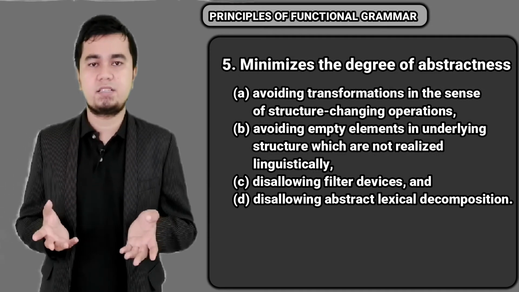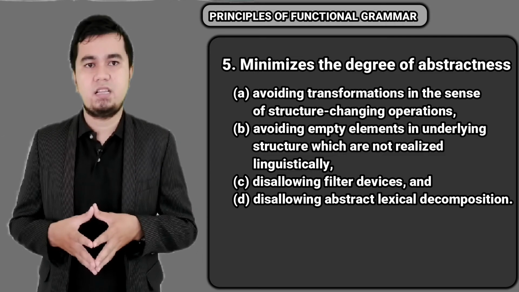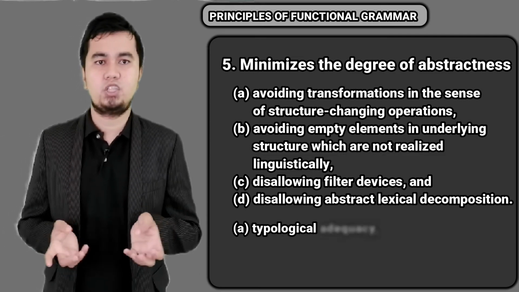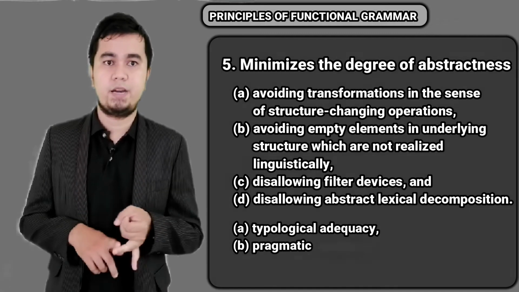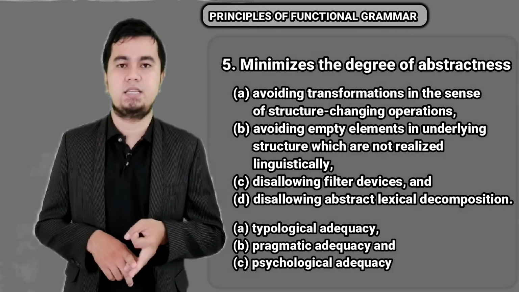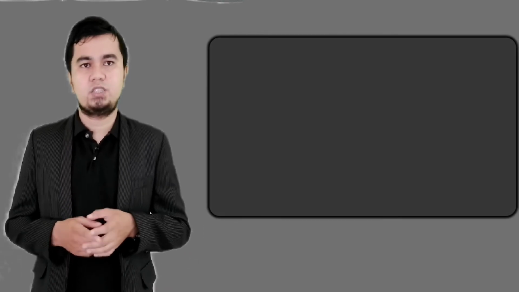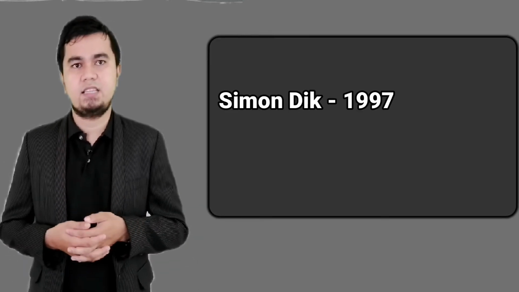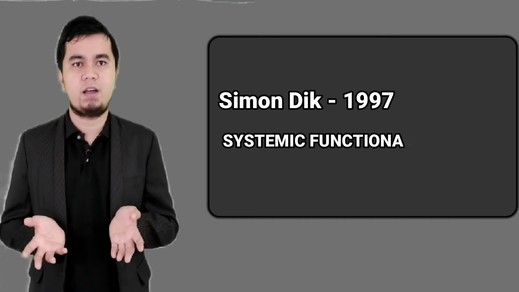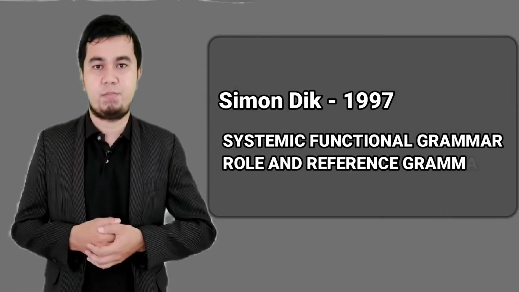Likewise, the degree of practicality of linguistic analysis is carried out by typological adequacy, pragmatic adequacy, and psychological adequacy. Now, there are functional grammars by Simon Dik in 1997. The two most important are systemic functional grammar and role and reference grammar.